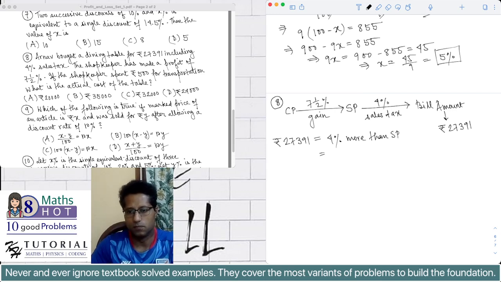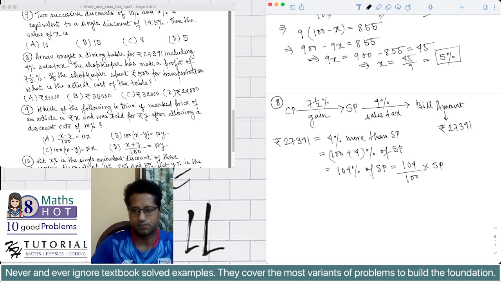This is equal to 100 plus 4% of SP, which is 104% of SP. This is equal to 104 divided by 100 multiplied by SP.